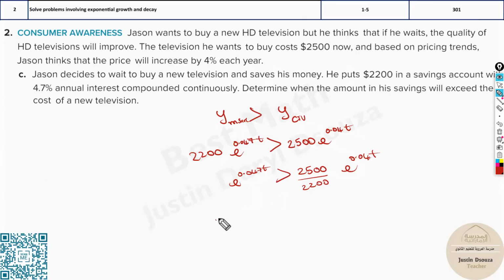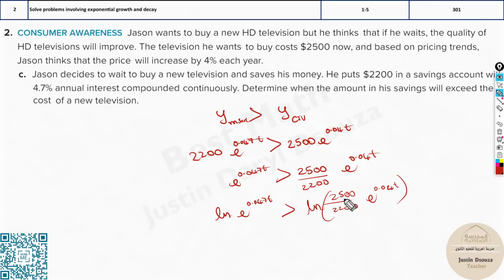We can take ln on both sides, natural logarithm. It'll be ln of e to the power 0.047t, which will be greater than ln of 2,500 divided by 2,200 e to the power 0.04t.